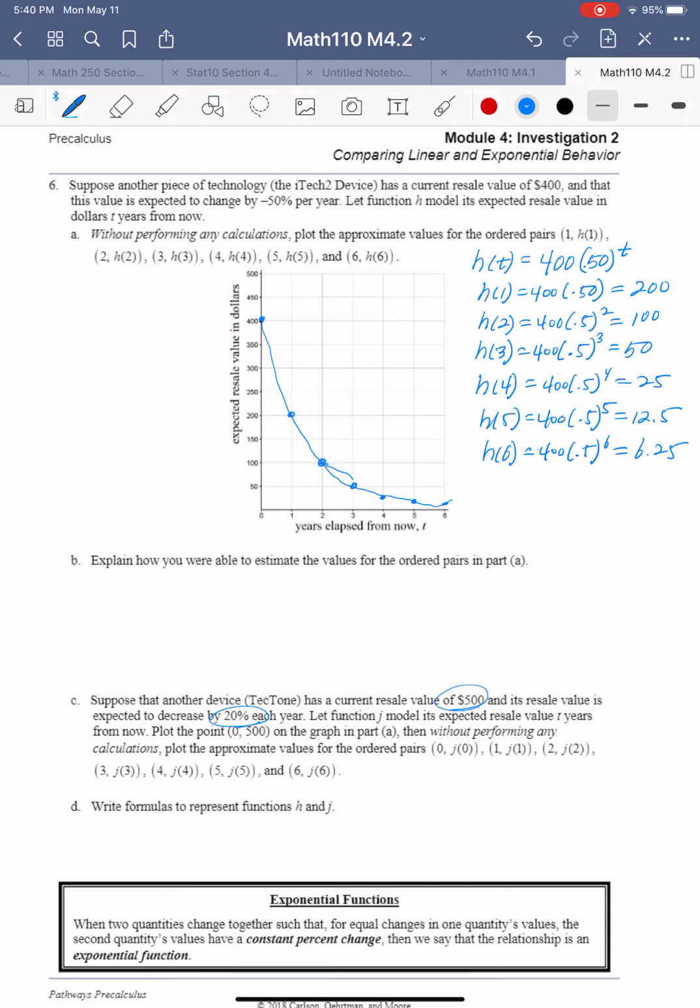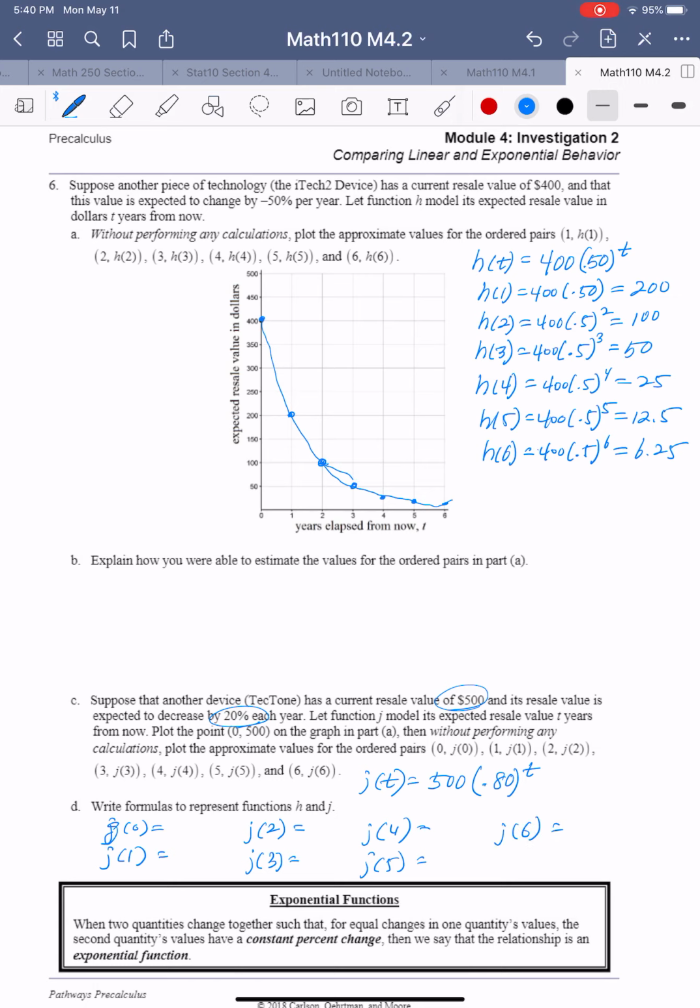So this time, g of t starts from 500, and 20% off means you still have 80% at time t. Then you can figure out g of 0, g of 1, g of 2, g of 3, g of 4, g of 5, g of 6.